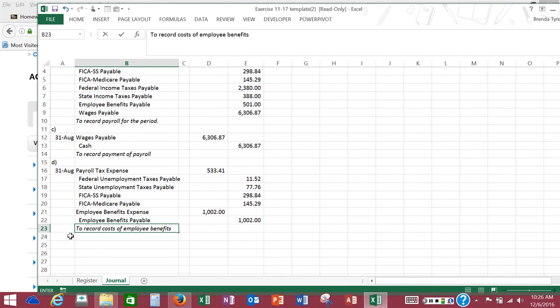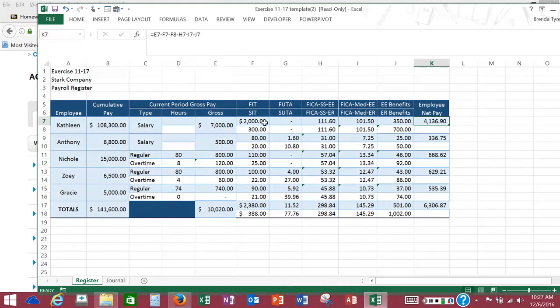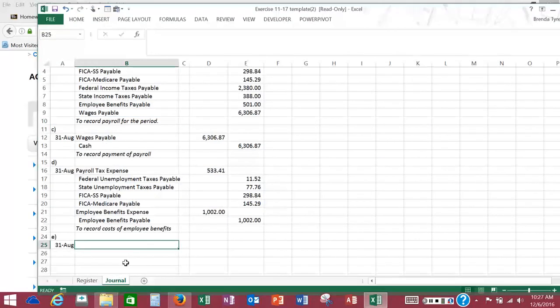Finally, we are going to pay all of our liabilities. And it doesn't normally happen this way, but we're going to allow you just to do one entry to pay them all. So what liabilities do we have to pay? Well, let's take a look over here again. We've got the federal and state income taxes that need to be paid. So we can start with those. Federal income taxes payable.